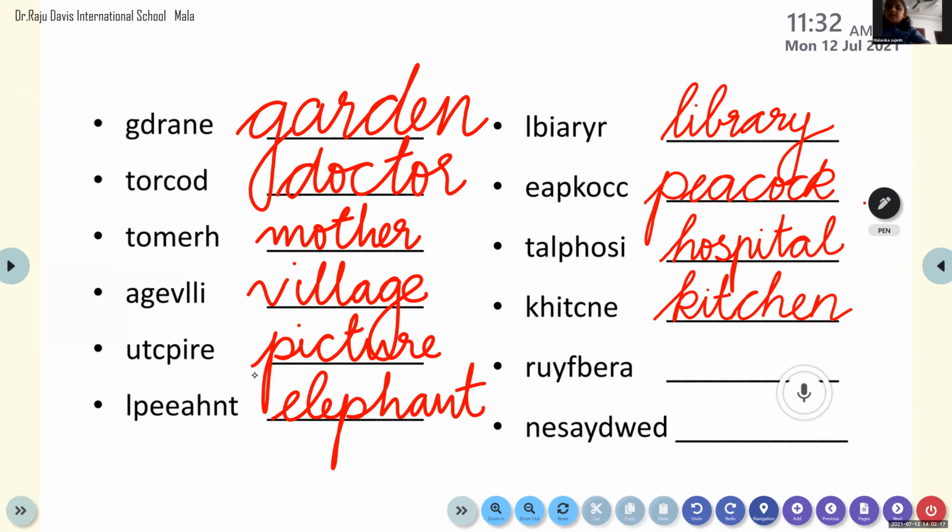Yes, February. What's the spelling of February? F-E-B-R-U-A-R-Y. February. Okay, February. It is February. Okay, similarly, January also.